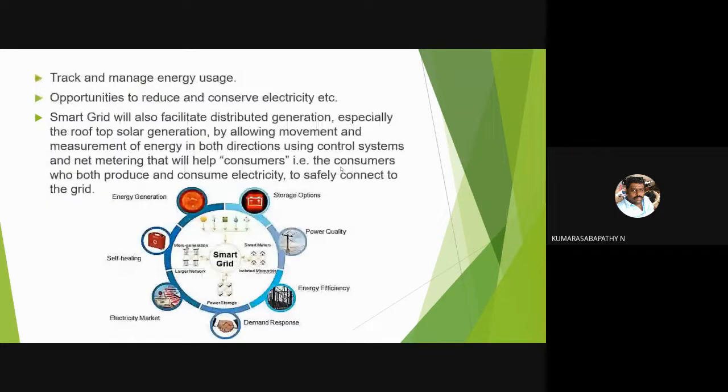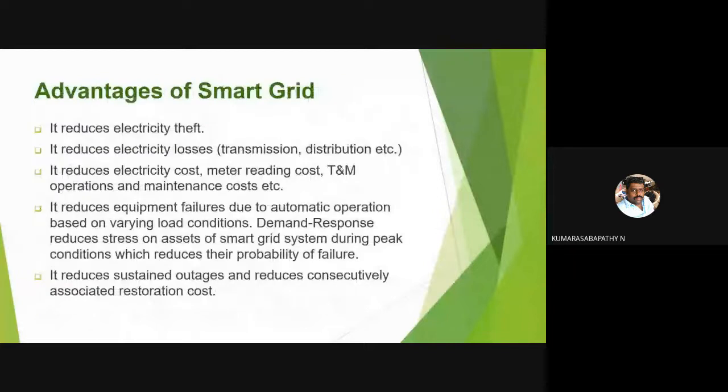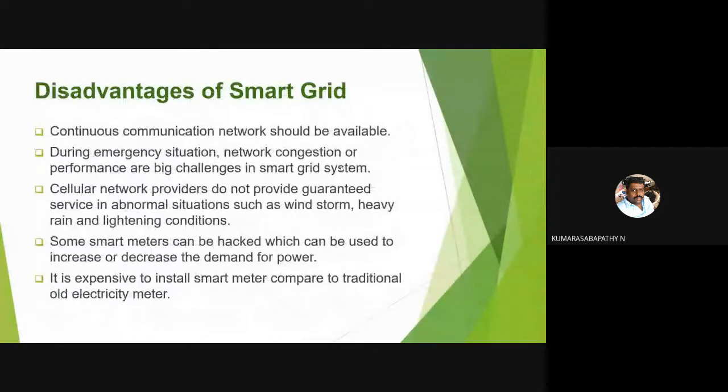So coming to the disadvantages, there are a few for the smart grid. There should be continuous communication, so the internet is a key factor for a computer continuously monitoring the entire system.